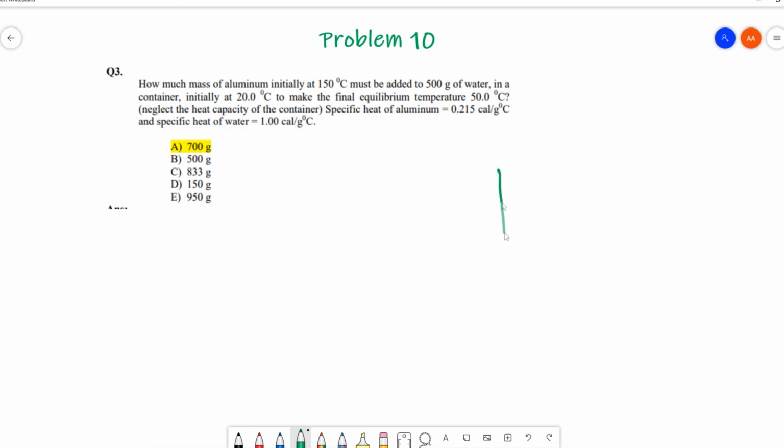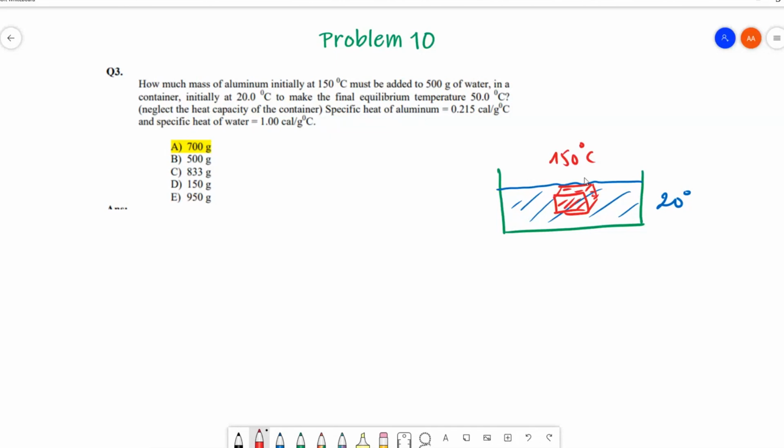So we have a container. We neglect the mass and we neglect the capacity of the container. Initially, it has some water, and the water is at 20 degrees. We put inside a mass of aluminum, let's say, and this aluminum was at 150 degrees Celsius.